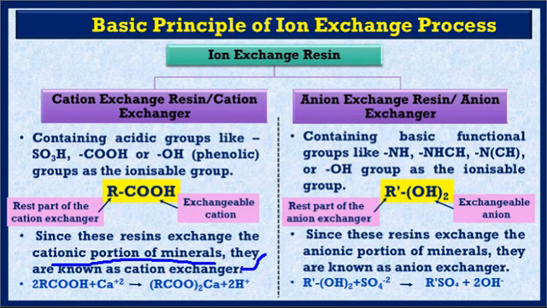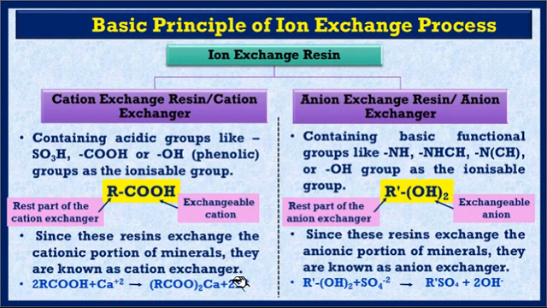For example, we can see here that when the basic cation exchange resin reacts with calcium plus 2 ions, or we can say when hard water containing calcium plus 2 ions is passed through this cation exchange resin, it can easily exchange its H plus ion with the calcium ions.